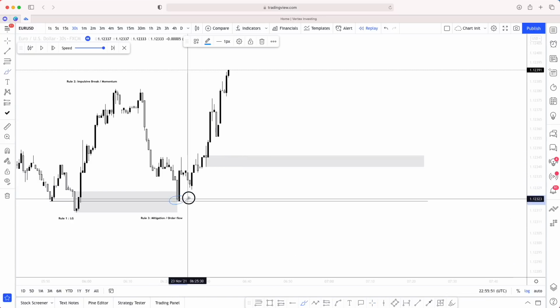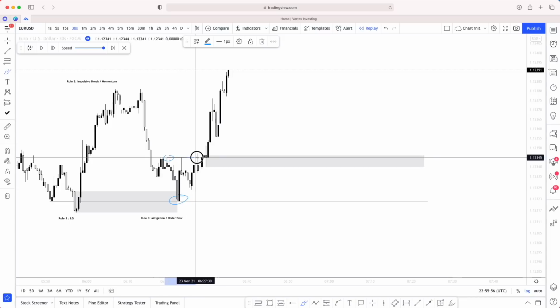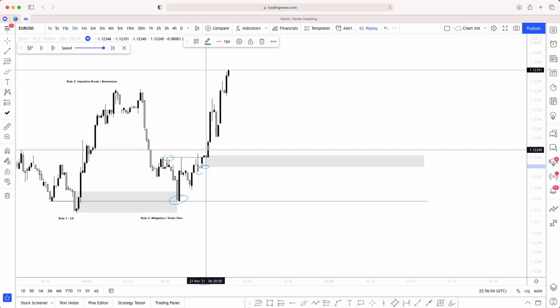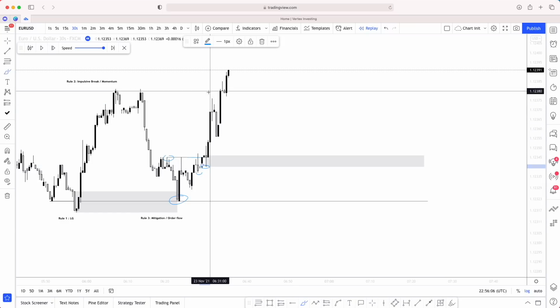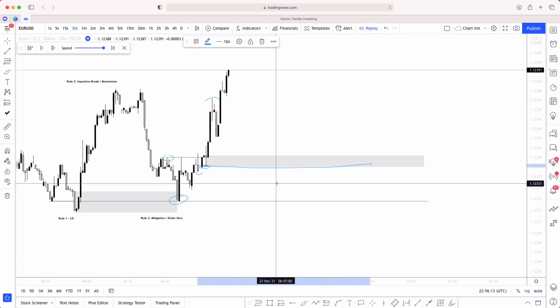We have the low, we have the high, and then we go on to break structure from this candle here. But then we have a form of mitigation, and then this whole impulsive move. So this forms a small invalidation point here, okay?